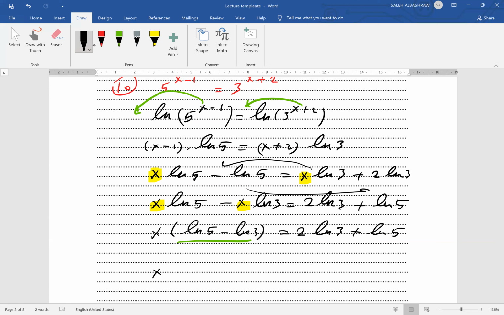I will get x equal to 2 ln 3 plus ln 5 divided by ln 5 minus ln 3.